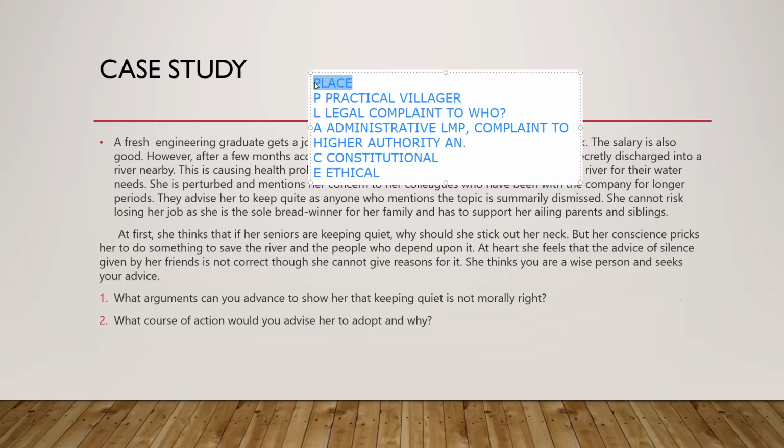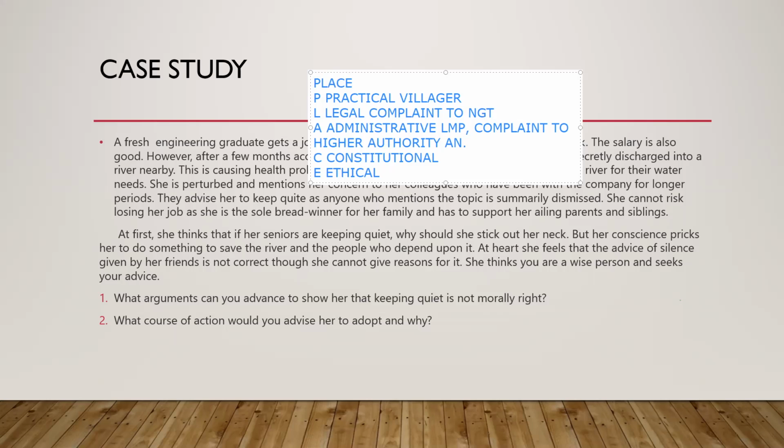So the moment you divide your solution in places, that okay, you are working in an office, so there has to be an administrative solution, there has to be a legal solution, there has to be an ethical solution, and what is the practical solution? So what is the practical thing? Villagers, even on the legal side, complaining to NGT, it is practical.